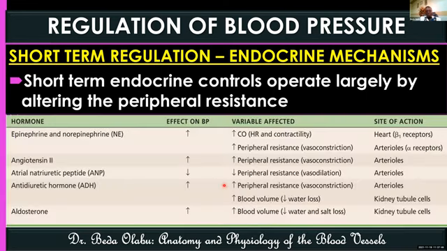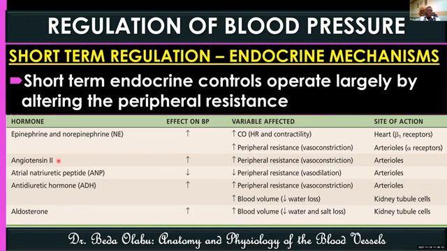There are many. The catecholamines, we can start with those ones. We know that they increase blood pressure, but how? They increase cardiac output by increasing heart rate and contractility. We also know that they increase blood pressure by increasing resistance because they cause vasoconstriction.